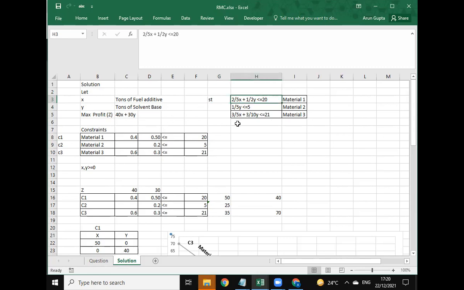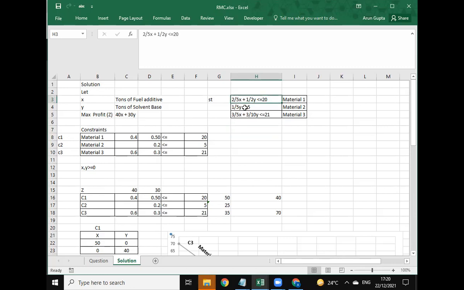First it says 2/5 x plus 1/2 y is less than or equal to 20 for material 1, and for material 2 it is 1/5 y is less than or equal to 5, and third is 3/5 x plus 3/10 y is less than or equal to 21 for material 3.